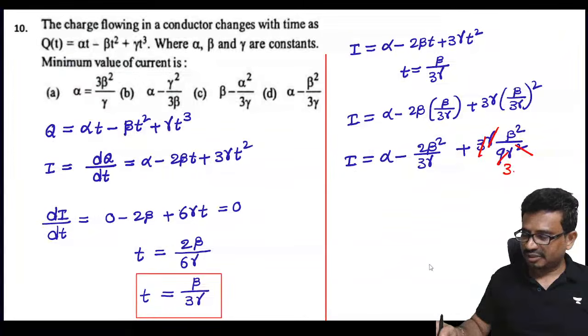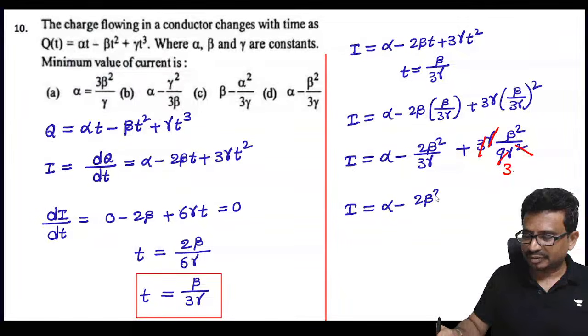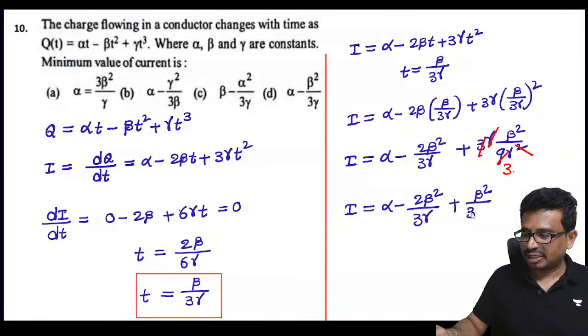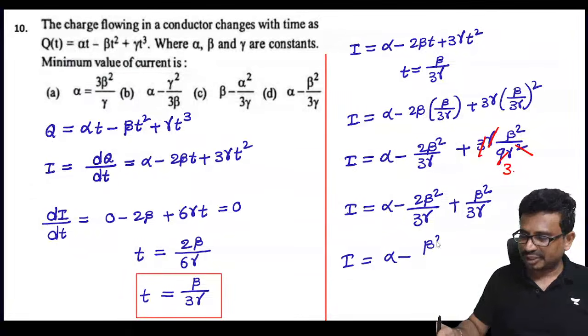So how much will come? That is alpha minus 2 beta square by 3 gamma plus beta square by 3 gamma. So what is the I value? This is alpha minus beta square by 3 gamma.